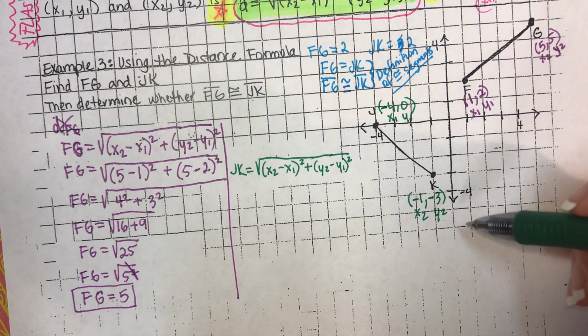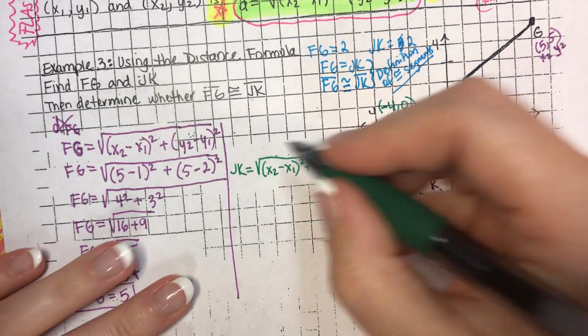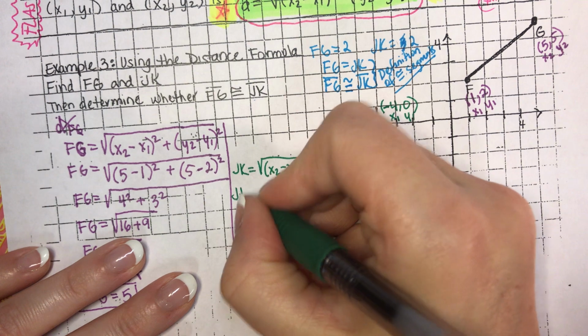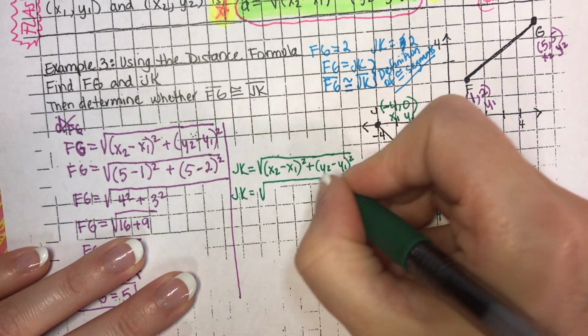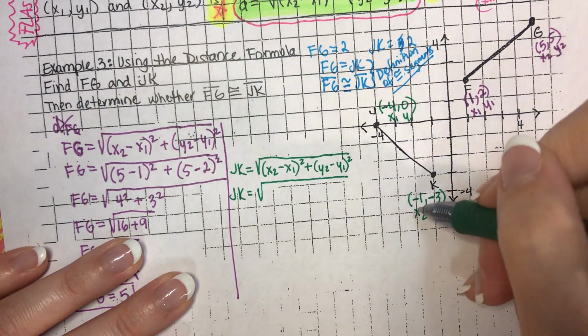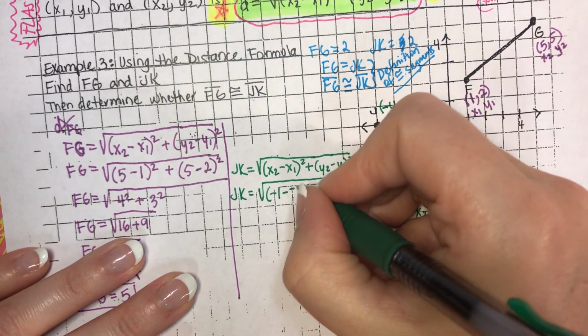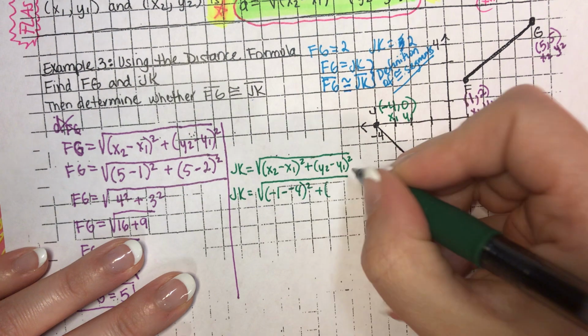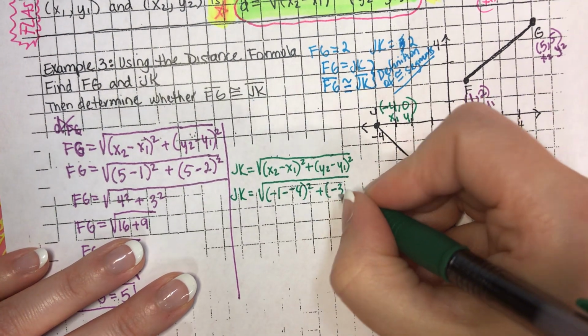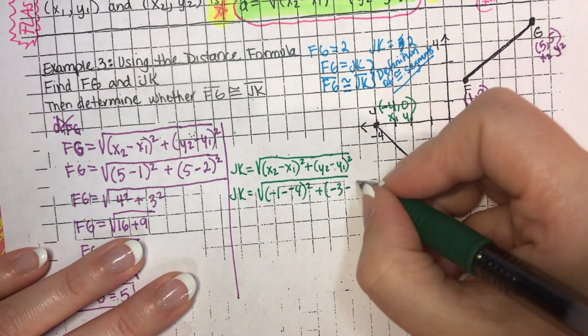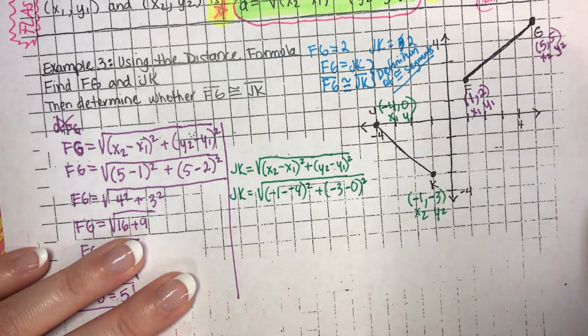So yeah, now we are ready to substitute those values in for JK. So JK equals the square root of our x2, which is -1, minus our x1, which is -4, squared, plus our y2, which is -3, minus our y1, which is 0. Then we just simplify.